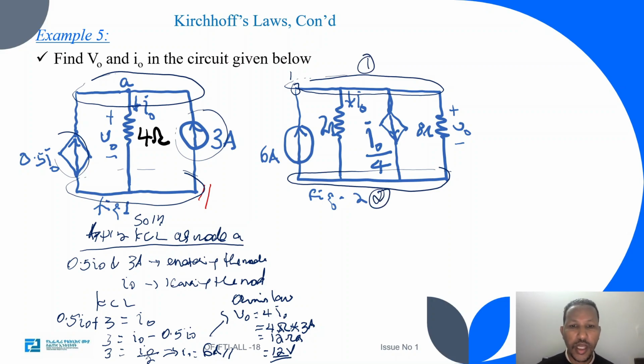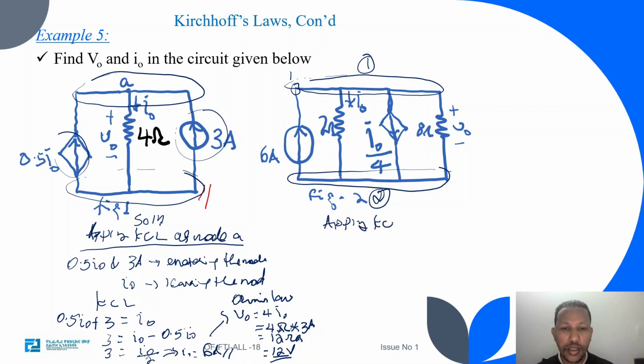It consists of four elements: the 6 ampere current source, the 2 ohm and 8 ohm resistors, and the I naught over 4 dependent current source. Now let's apply KCL.